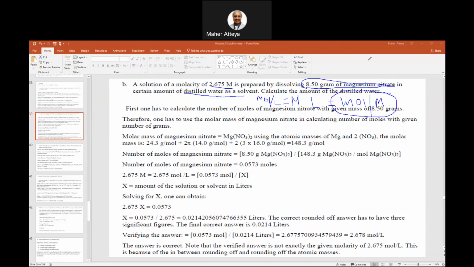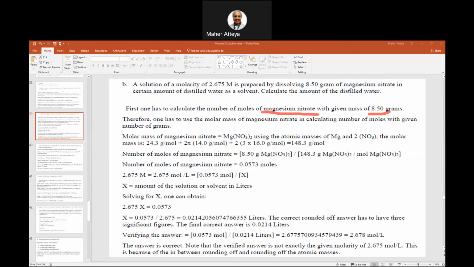So let's look at this. Now, let's look at this again. We have magnesium nitrate. It has 8.5 grams. We need the molar mass of it. So the molar mass, one magnesium is 24. Then nitrogen is 14, oxygen is 16.